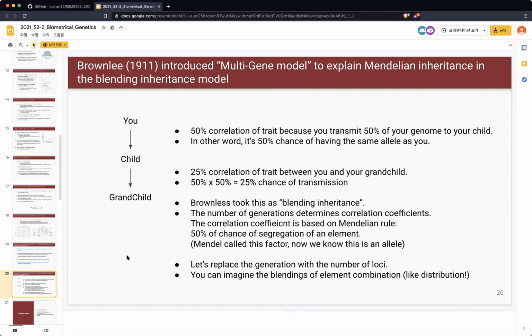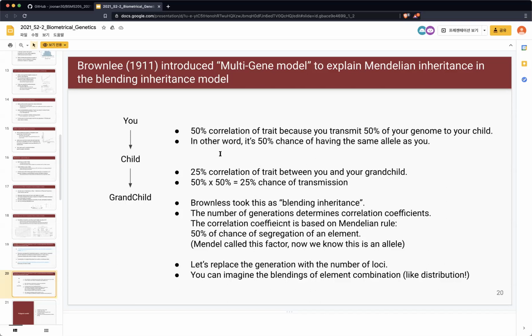So what did Brownlee insist at the time? Let's think about the 50% correlation we observed in Pearson's paper. We know that the 50% correlation of traits arises because you transmit 50% of your genome to your child. This is more the wording we use these days. But anyway, 50% is the background similarity we can transmit between parents and offspring according to Mendel's segregation idea.